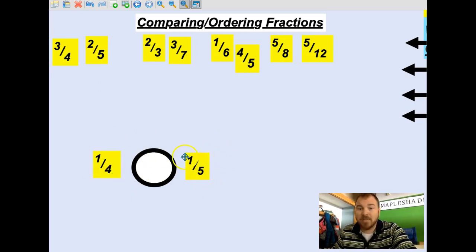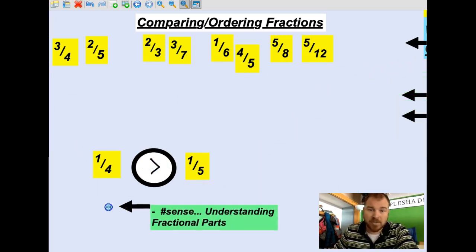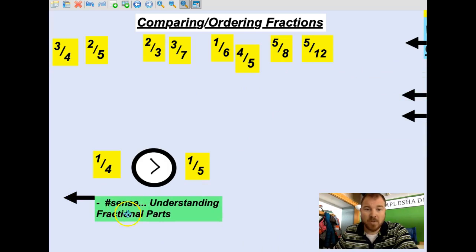If I take a pizza and cut it into 5 slices, and take that same pizza and cut it into 4 slices, I know that these slices are going to be smaller. So that would just be my general understanding of fractional pieces, my number sense. Number sense, or understanding fractional parts, would also work in a case like this.